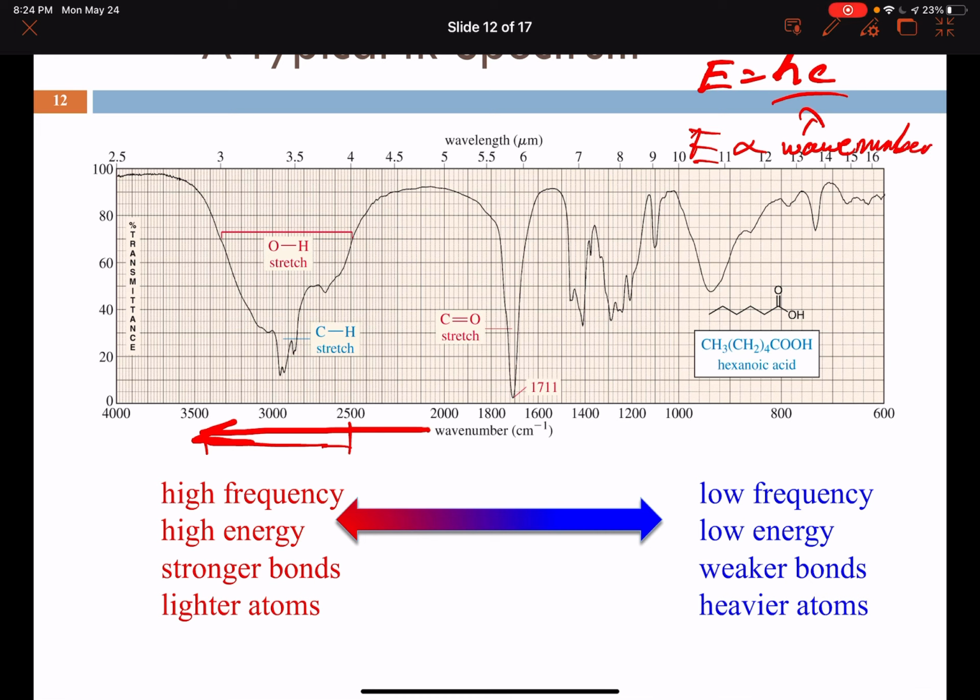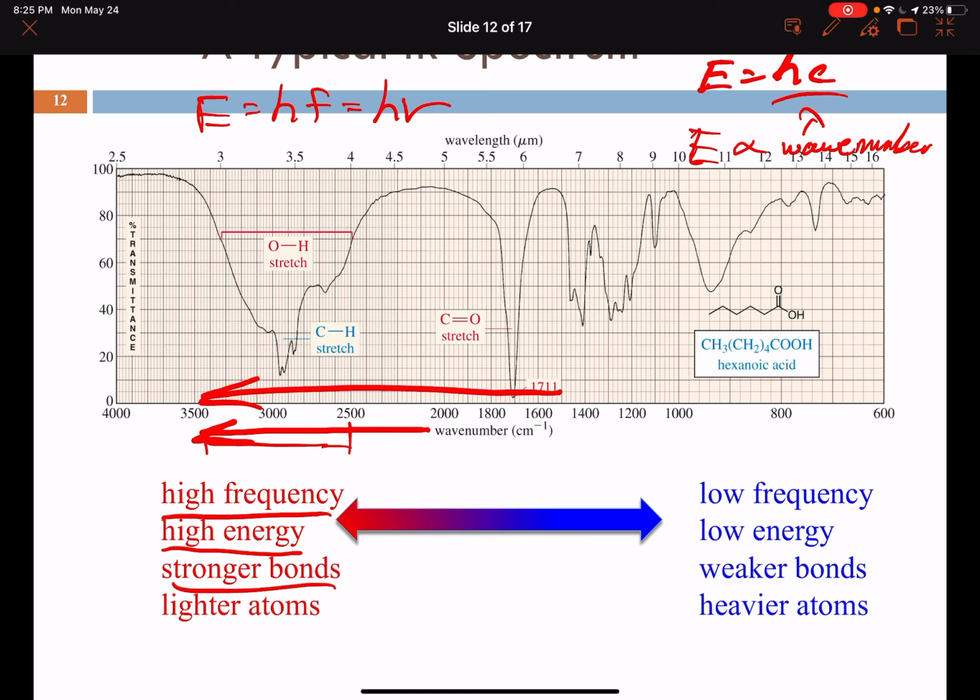So in a sense, reading the x-axis is a little easier when we consider energy. So higher wave number, higher energy. Okay, that is also to say that since E goes with hf, or sometimes h nu, we expect high frequency as well to the left on these IR spectra.